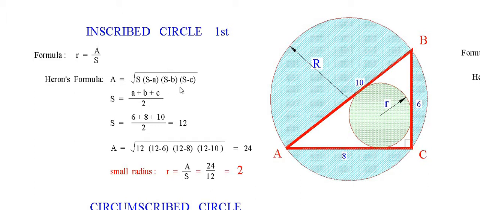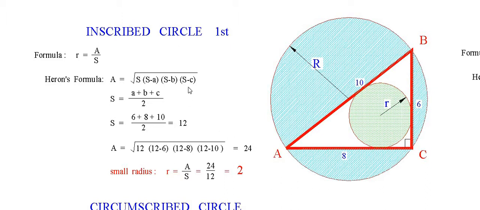The area is 1/2 times 6 times 8, or 3 times 8, or 24. The area is 24. If we solve the s, this is the sum of the three sides, 6 plus 8 plus 10, divided by 2, or 12.